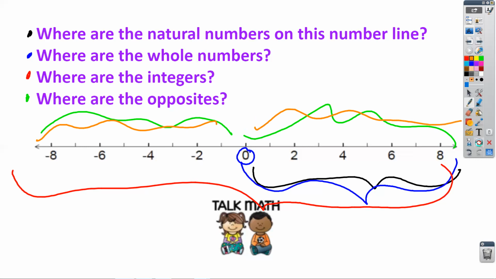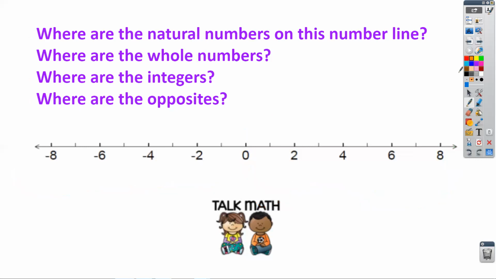Now, one thing, if you haven't noticed yet, is that if I draw a line through 0 and I were to fold the number line on top of itself, the numbers and its opposites match up perfectly. So what I mean is 2 is 2 jumps away from 0. Well, -2 is also 2 jumps away from 0. So they're the same distance apart.